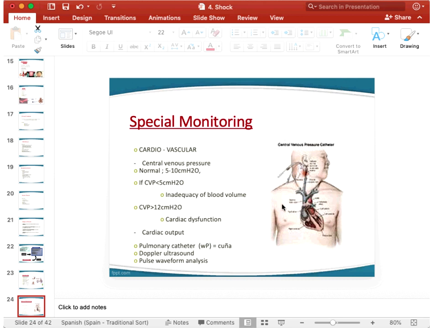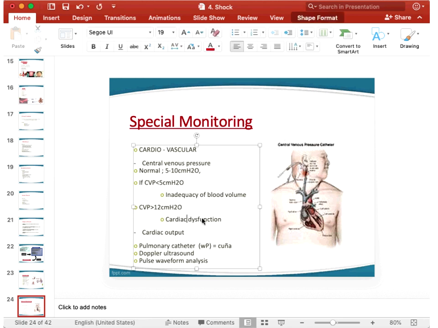The central venous pressure that goes into the right atrium. Normally, it needs to be between 5 and 10. If it's below 5, we're not giving enough volume to the patient. If it's beyond 12, then we are overloading our patient in volume and the heart pump is not functioning.